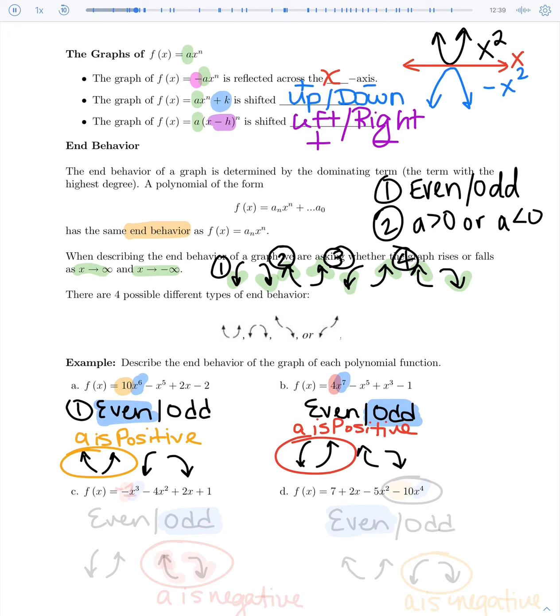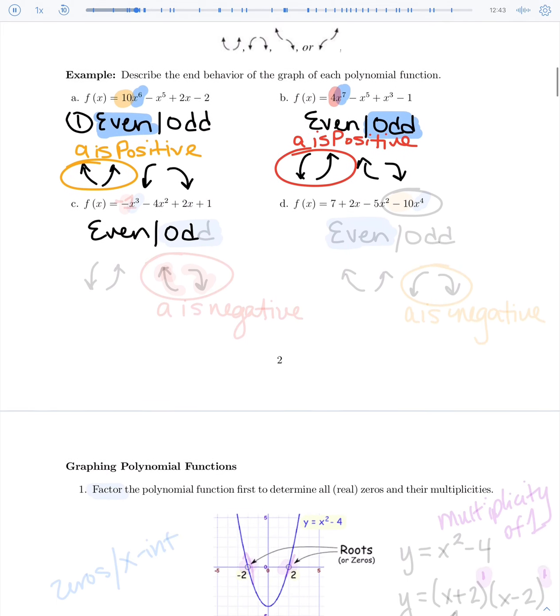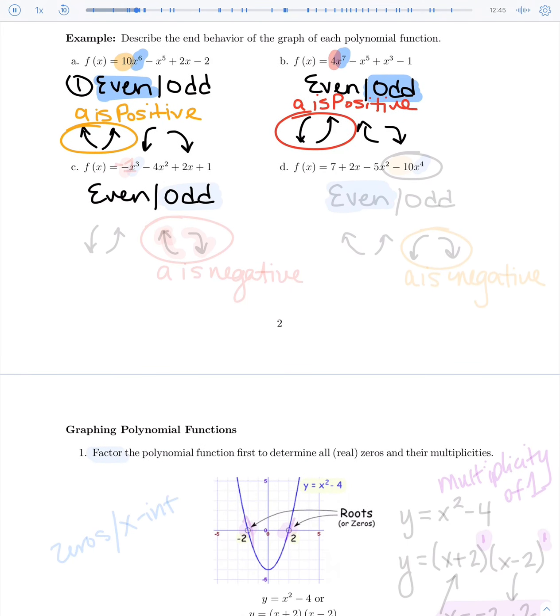On problem C, again, we want to start out with whether or not our function is even or odd first. And on C, notice that the highest exponent is an x to the 3rd, which means we're looking at something that is, again, odd, which means we're going to be either going down then up or up then down. Because it's odd, they have to be pointing in opposite directions, and that's going to be determined by whatever number is out in front of the x cubed.